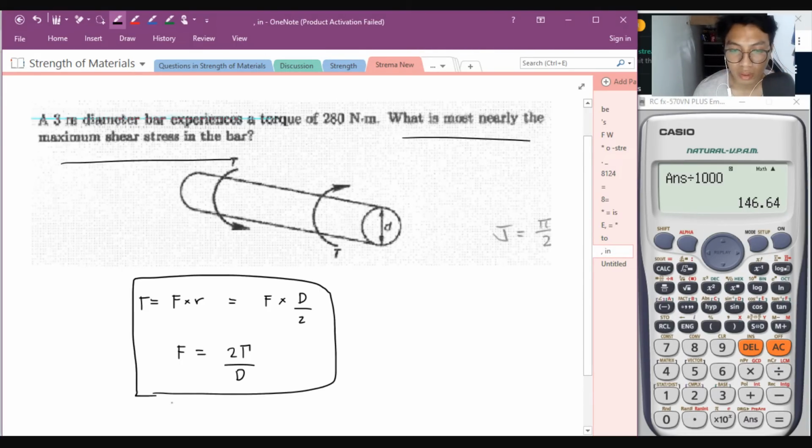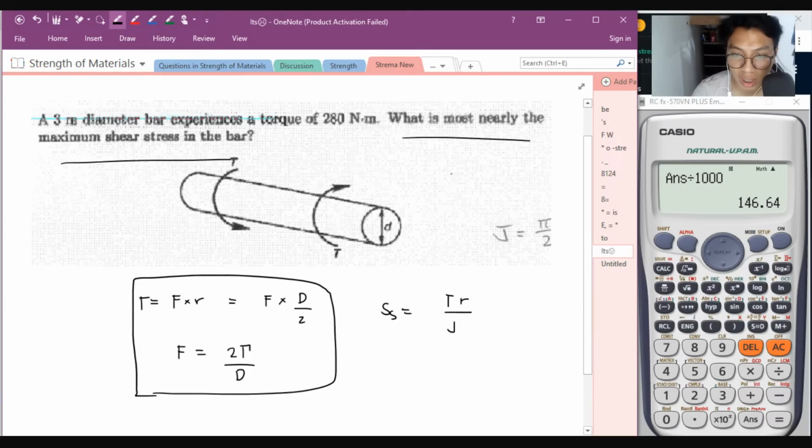Now, what is the shear stress? The shear stress is given by this formula: torque multiplied by the radius, divided by J, the polar moment of inertia.